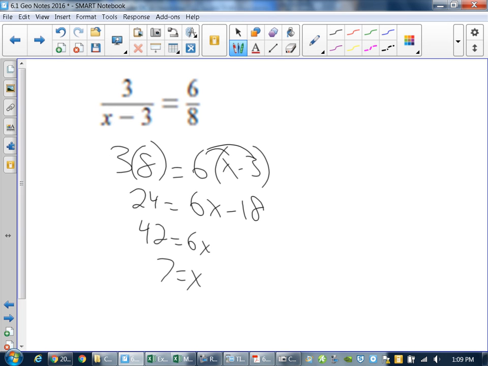Or a keen observer might have noticed, 6 over 8 simplifies to be what fraction? 2 over 4? That's 1/2? It's 3/4, right? Which means what does x have to equal if it's going to equal 4? 7 minus 3 is 4. Pretty shortcut. Okay.